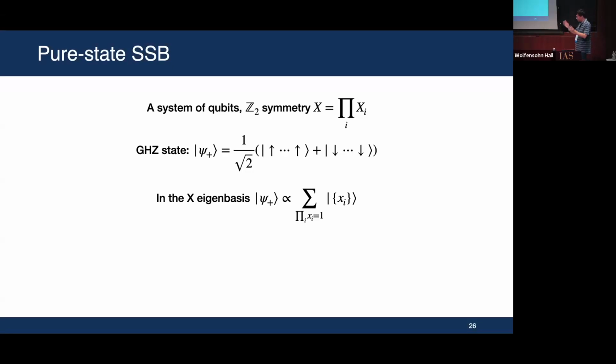I can have 1, -1, -1, whatever pattern you can come up with, subject to the constraint that the product of all of these little x_i should be 1, because we start from a state which has eigenvalue 1 under the spin flip. Okay, so we have to respect that global constraint. But that's the only constraint. Otherwise, you form a superposition of all possible configurations of Z2 charges. So when I say Z2 charges, I mean a site with little x_i equals -1.